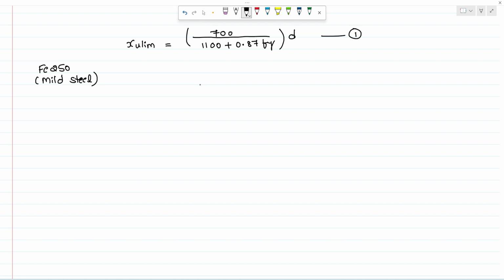So for mild steel, Fy will be 250 Newton per mm square.